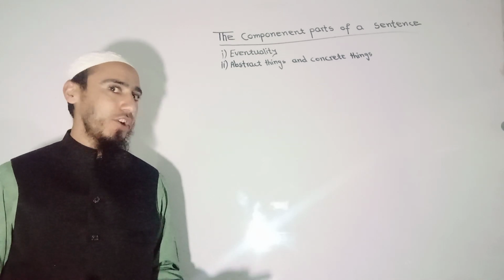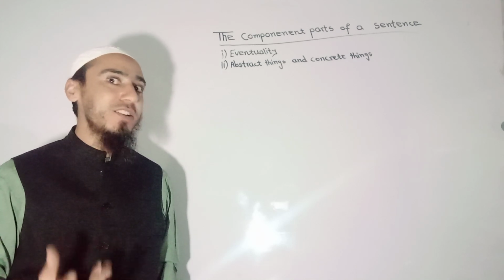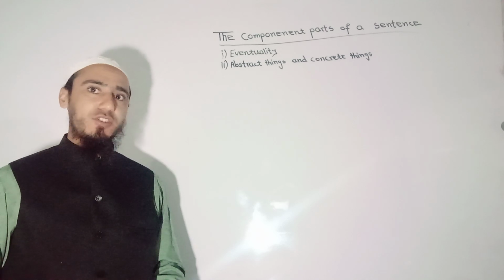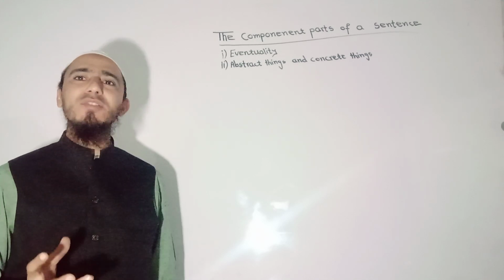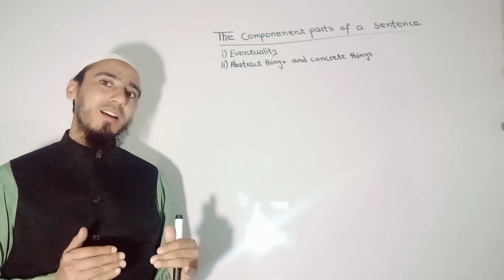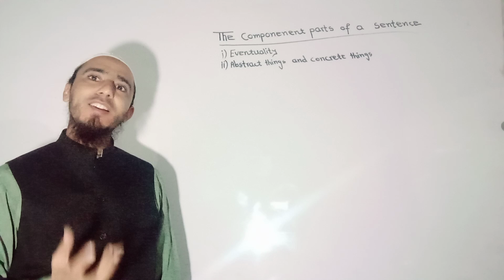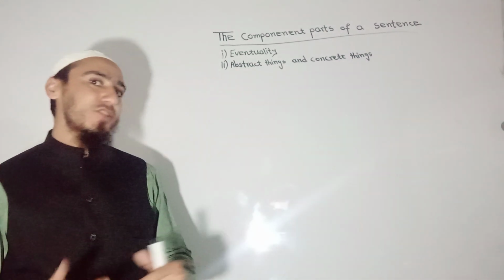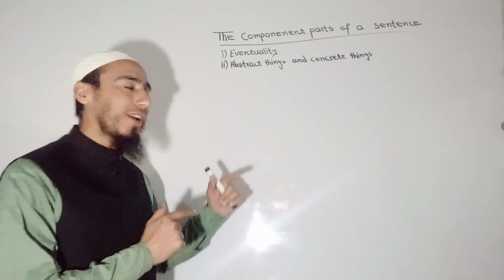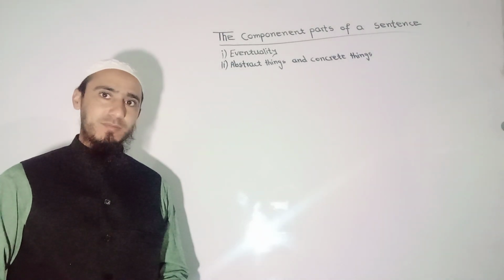Now, we see that generally a sentence represents eventuality. What does it mean? What is meant by eventuality? The answer to this question is that eventuality is actually a kind of event. Eventuality is a state of affairs or event, or it is actually an action in a sentence.